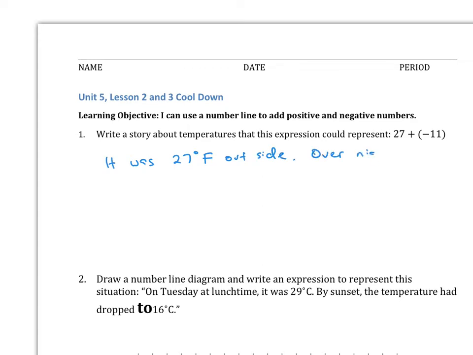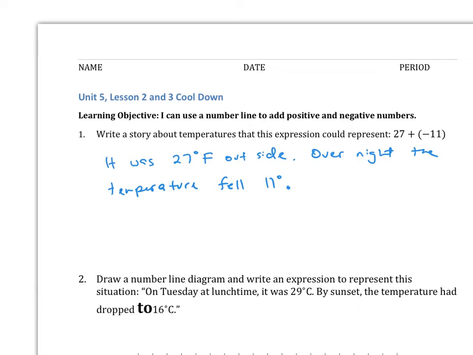Overnight, the temperature fell 11 degrees. Okay, I don't have to actually answer it. I can just stop there.